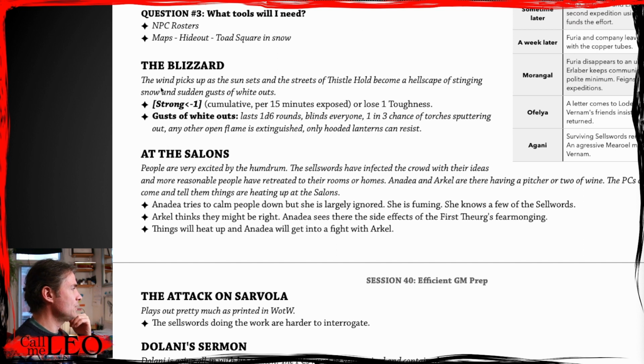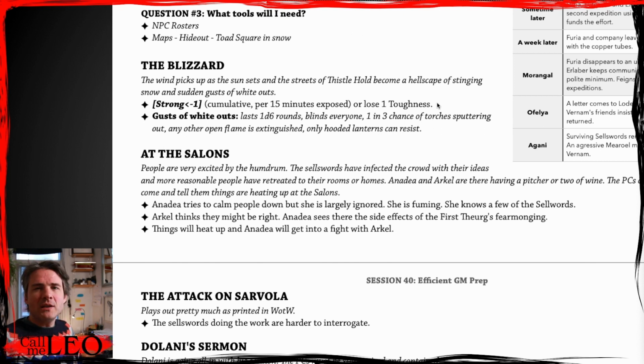And now you're going to have this rule that will kick in. So strong -1, cumulative per 15 minutes exposed, or lose 1 toughness. So every 15 minutes you roll a strong -1 the first time, -2 the second time, -3 the third time, and if you fail, you lose a point of toughness.